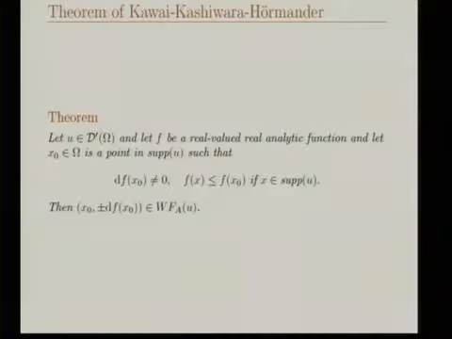So what is the theorem of Kawai, Kashiwara, and Hörmander? Roughly speaking, it's the following. So you have u in D prime. So u, you can assume it's a compactly supported distribution.